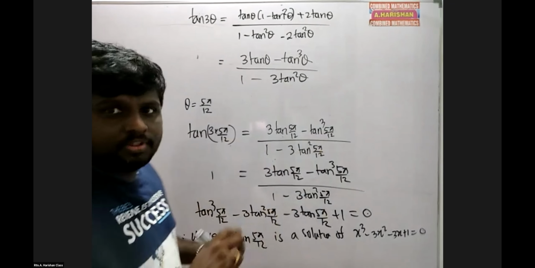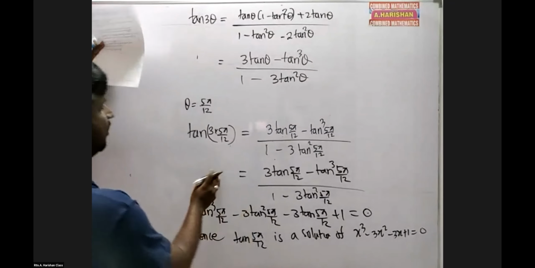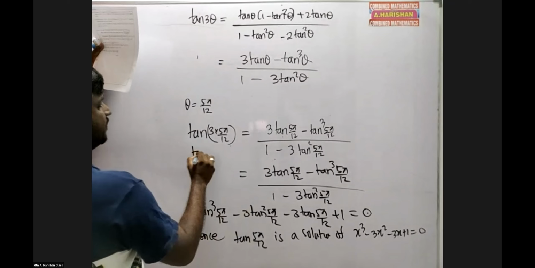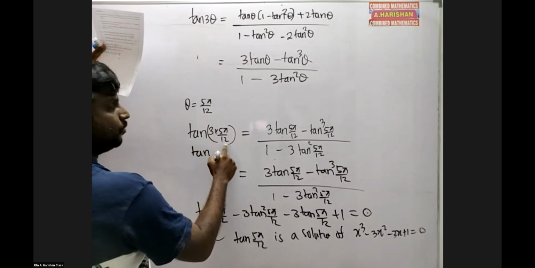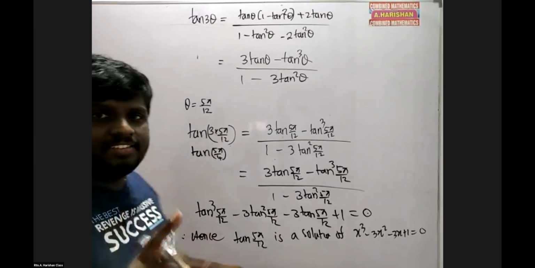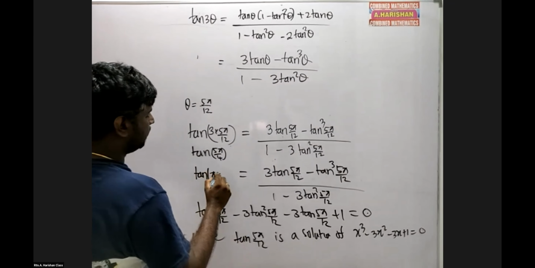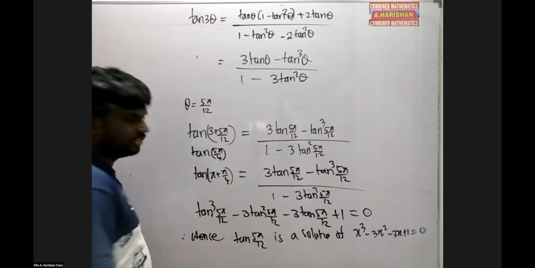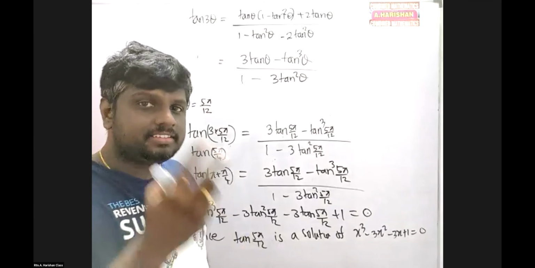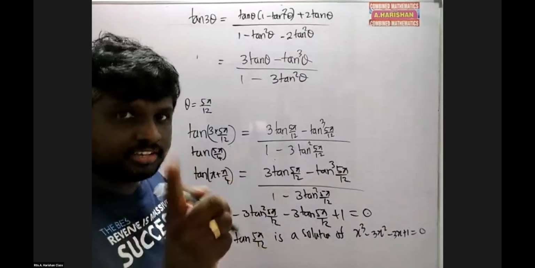So how did I get 1? Okay, I can put an intermediate step. Tan 3, 12 cancel, 5 pi by 4. Tan 5 pi by 4 is tan of pi plus pi by 4. Pi plus means third quadrant, tan positive.